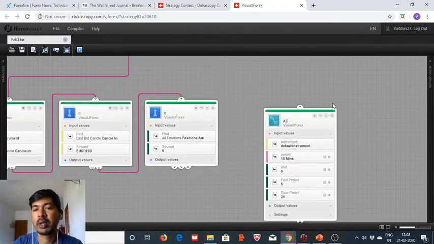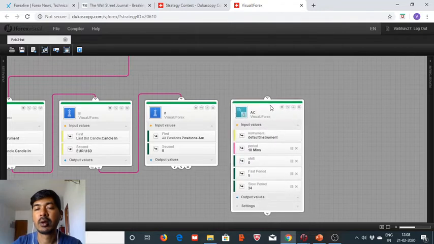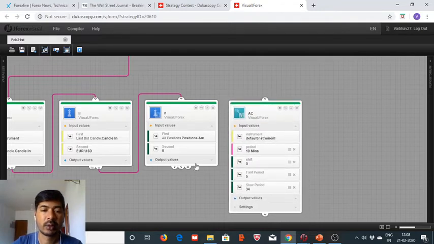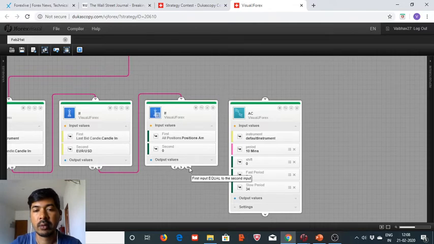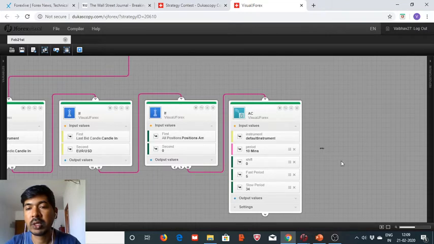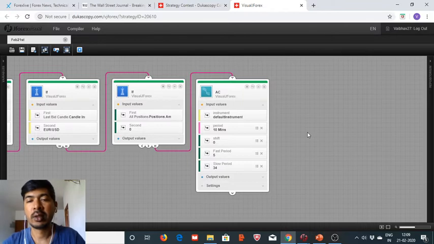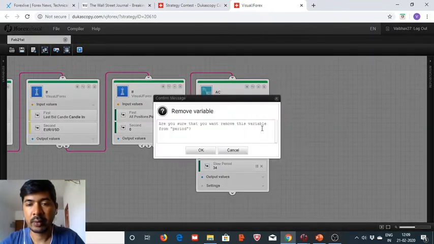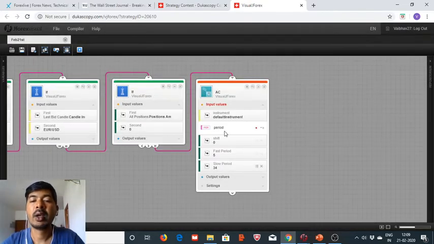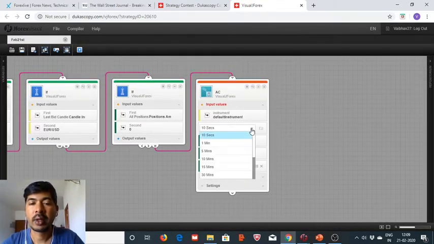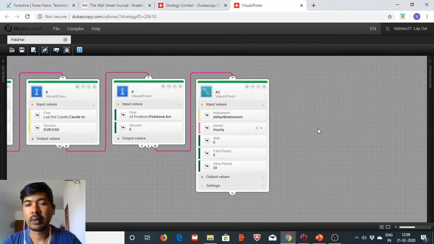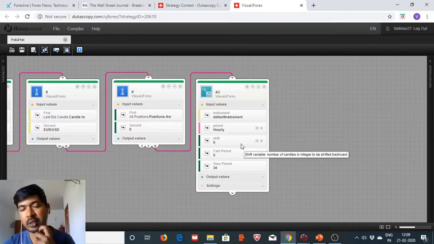Now coming to the indicator, we have got this AC block, and whenever there is no open position, our algorithm will straightaway go for checking. Here we will utilize the hourly time frame, and for shift, we are not going for any shift.